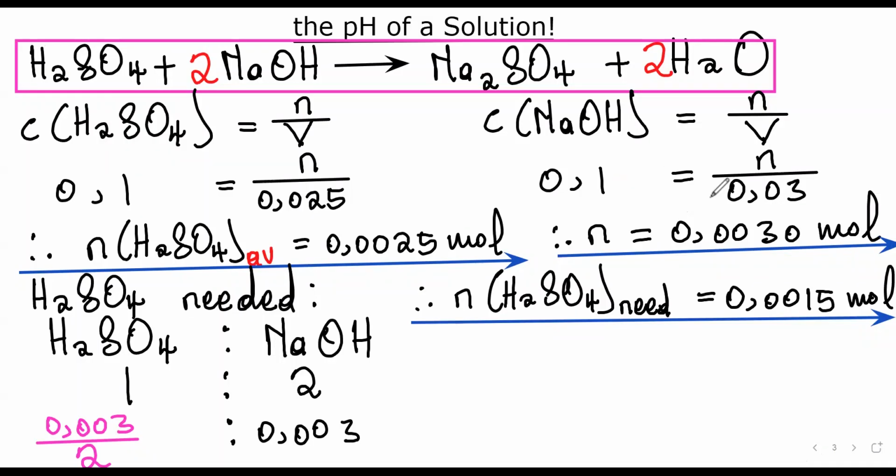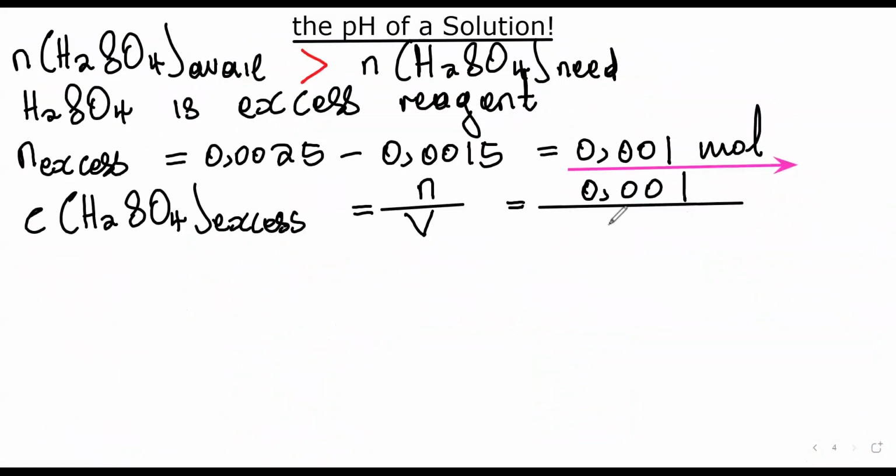0.025 plus 0.03. After we add these two volumes up, this is what we get. Always, that's the volume of the solution. Then the concentration will be 0.18.